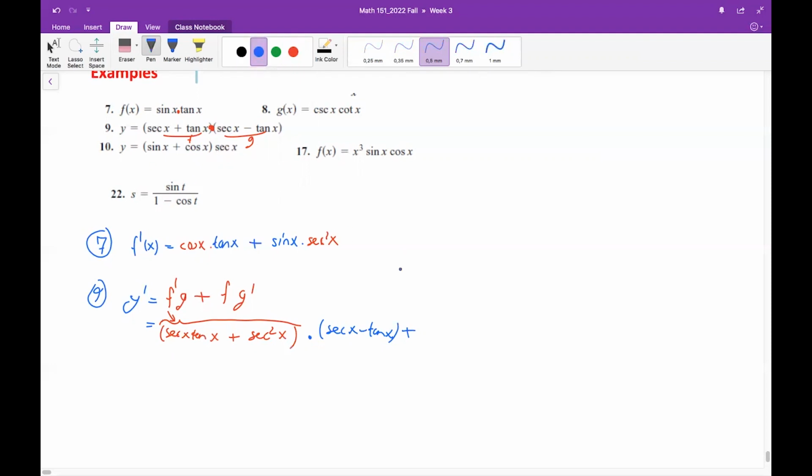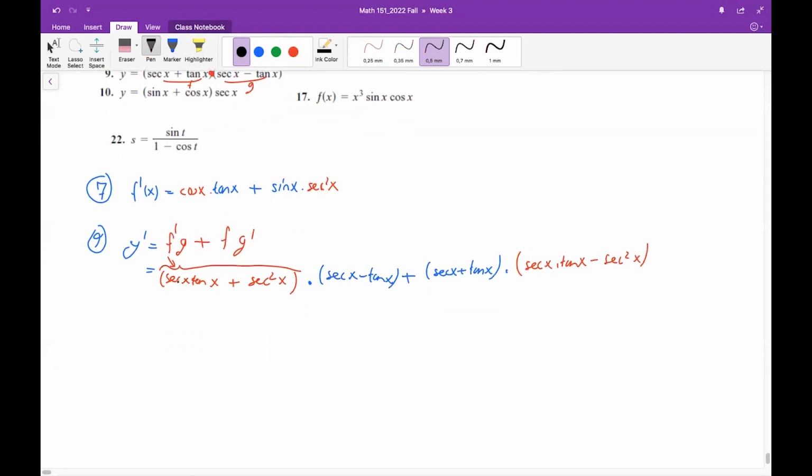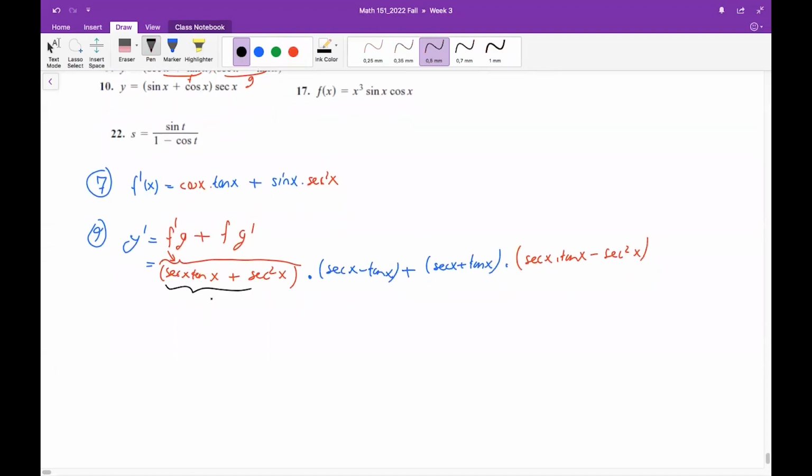Now I am writing the f function as it is, secant x plus tangent x. This is f times the derivative of the g function. Okay, the derivative of secant is secant x times tangent x, minus secant square x, which is the derivative of the tangent. So that's it. Where this is f prime, this is g, this is f, and this is g prime.